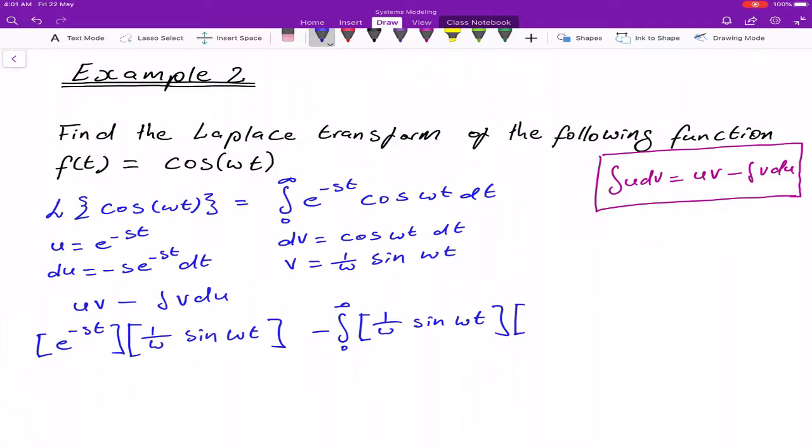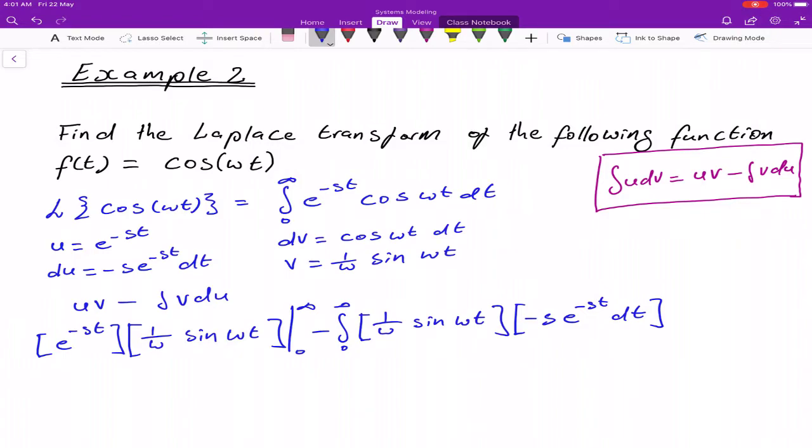Du is minus s times e to the minus st dt. And now we can evaluate this between 0 to infinity.